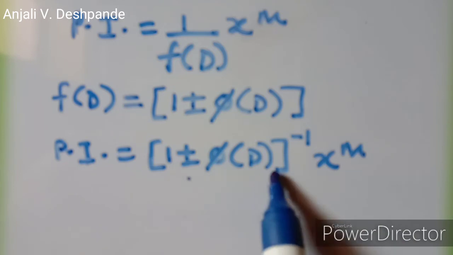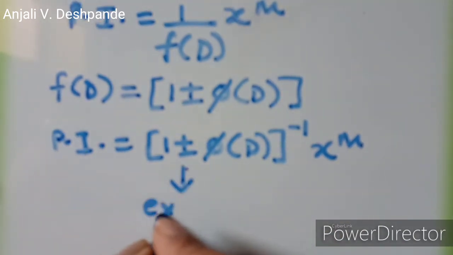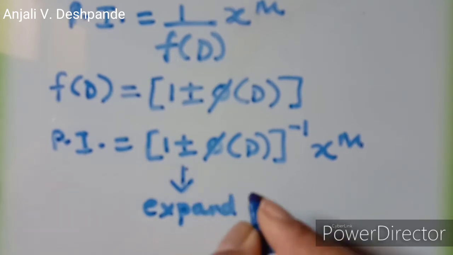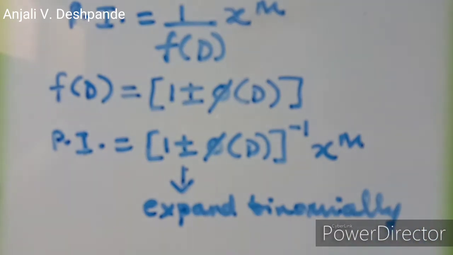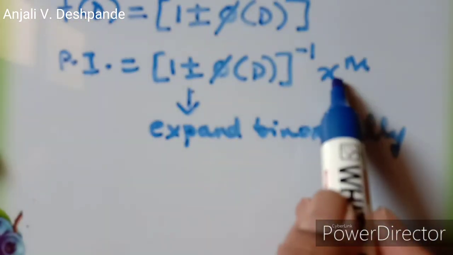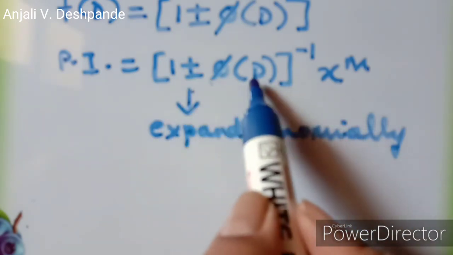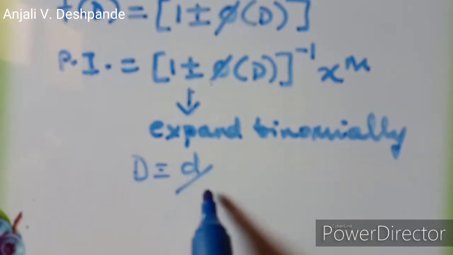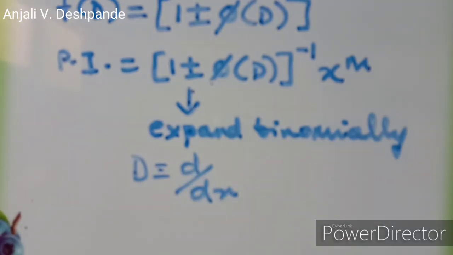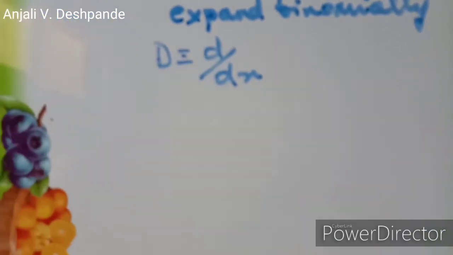So that is why we expand binomially, and after expanding binomially, we operate on x raised to m inside the expansion, where you will have terms in D, and D is nothing but the derivative d by dx. So here are binomial expansions which will be useful for you, which you may or may not recollect.